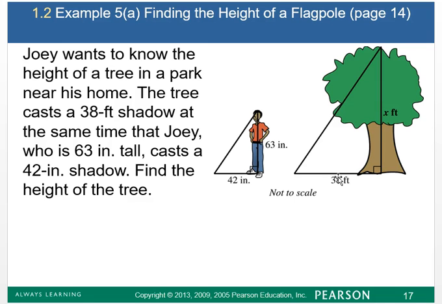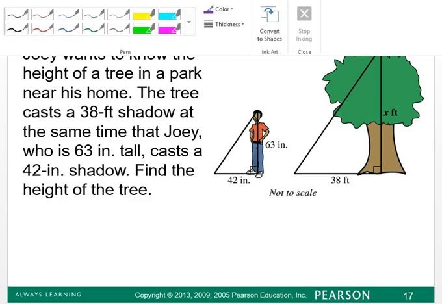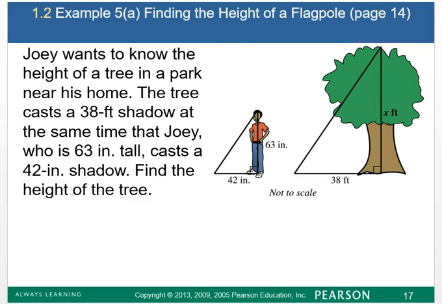Here, again, we're dealing with similar triangles. The way we're going to do this one is a lot like the last one, where we figured out the other two side lengths. Now we're going to figure out the last side length of this triangle.